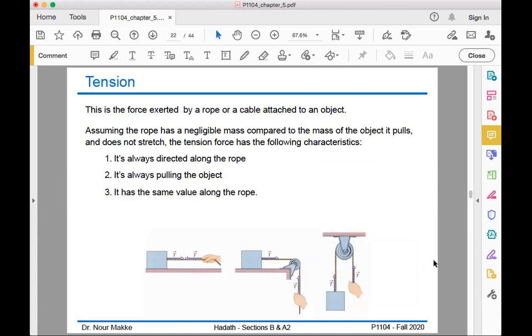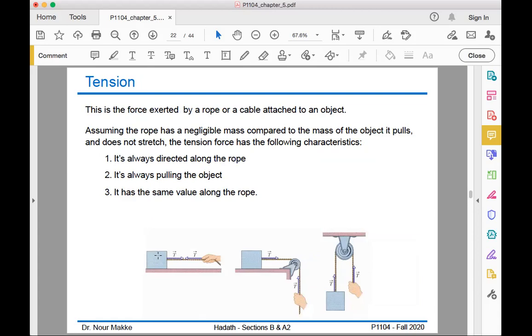Another type of force that we are going to see frequently in our chapters and discussions is the tension. What we call the tension is the force exerted by a rope or a cable attached to an object. So here you have different examples.